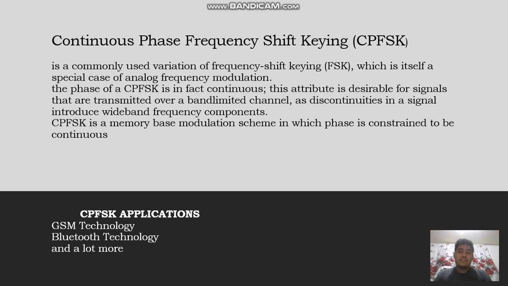This attribute is desirable for signals that are transmitted over a band-limited channel, as discontinuities in a signal introduce wideband frequency components. CPFSK is a memory-based modulation scheme in which phase is constrained to be continuous. CPFSK applications include GSM technology, Bluetooth technology, and a lot more.